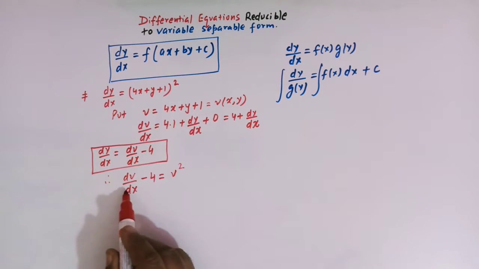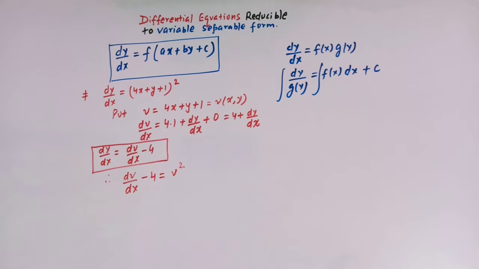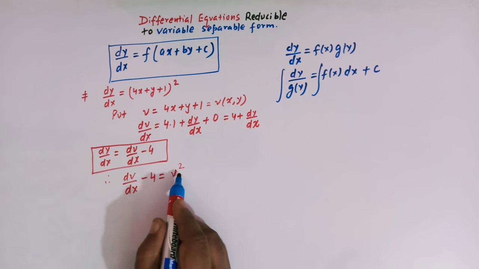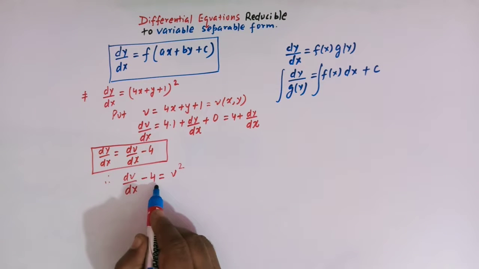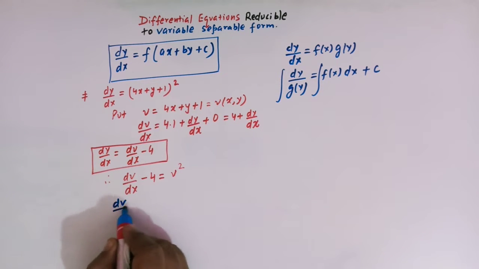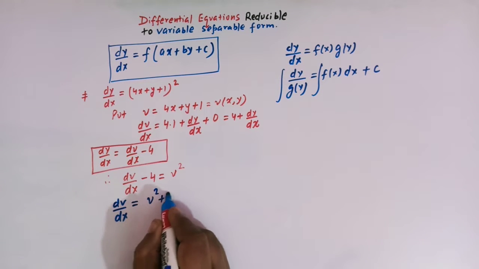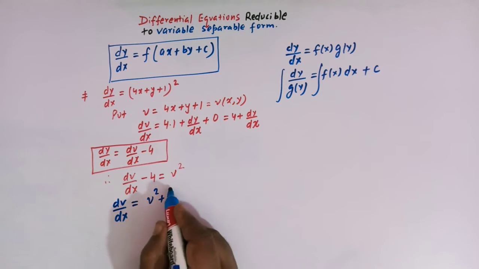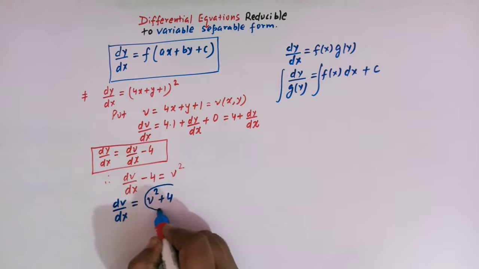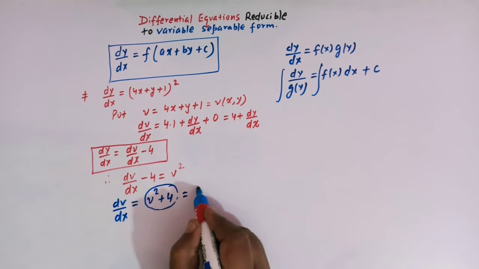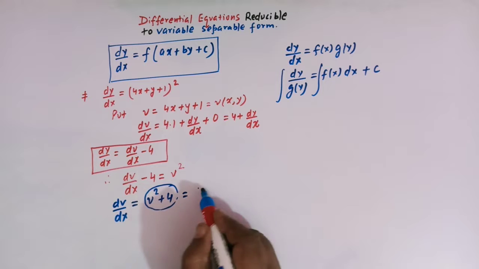Now we can easily see from this equation that we can separate the variables. We can write it as dv over dx is equal to v square plus 4. This is a function of only v, so we can write it as f of v.